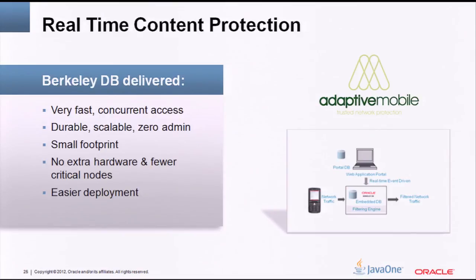So this is for a network of mobile users. The content protection engine needs to make a decision on whether a certain piece of content will be allowed or not in enough time that the experience is imperceptible to the user. So there will be a blacklist or whitelist or both running on the server in Berkeley DB, and every piece of content that comes through will be checked against those lists.